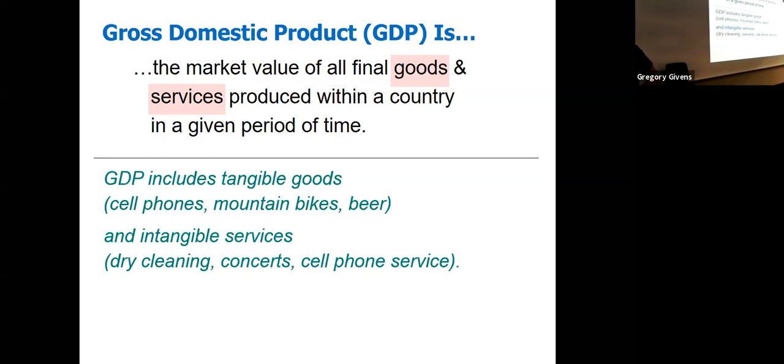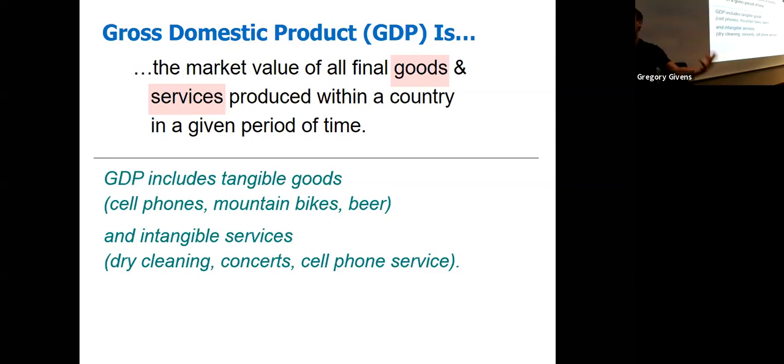But GDP also includes the market value of all of these intangible services, right? Meaning stuff like your dry cleaning bill, your concerts that you go to, your cell phone service, a therapy session, a spa treatment, right? A fitness center membership, tennis lessons. All of those things are services.